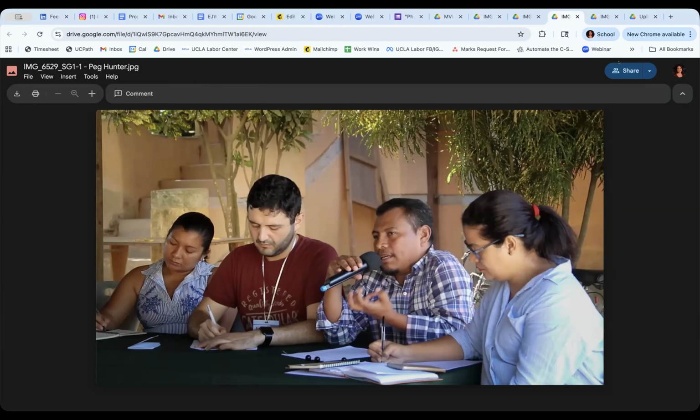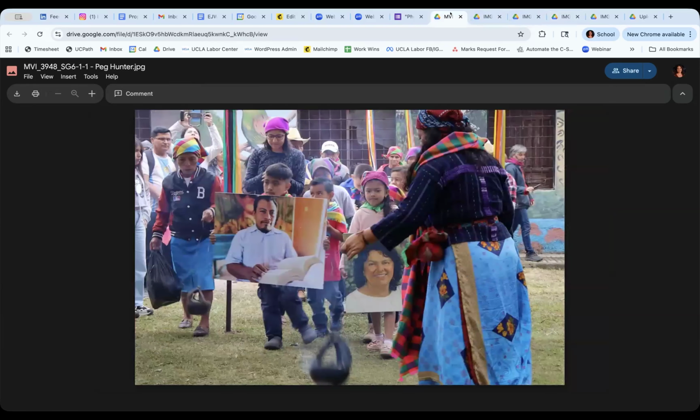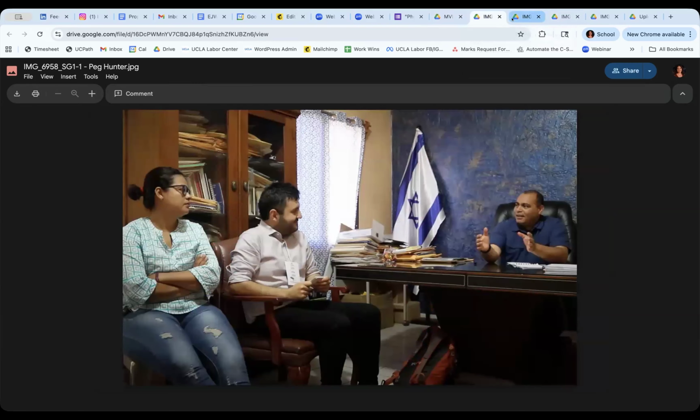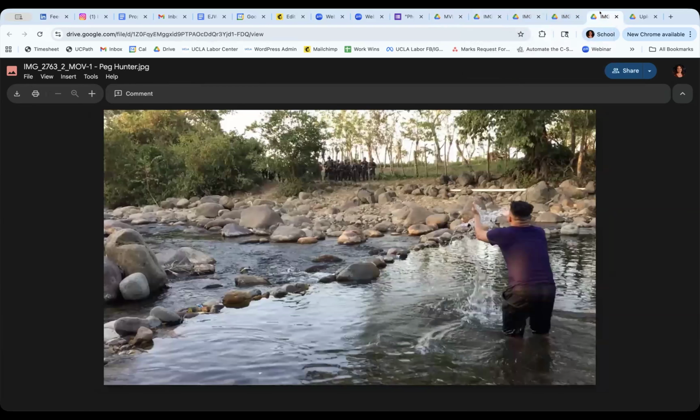So maybe go to the first picture now. This was taken at the Guapanol River. The community is standing behind me, and our delegation also. The families were playing in the river.